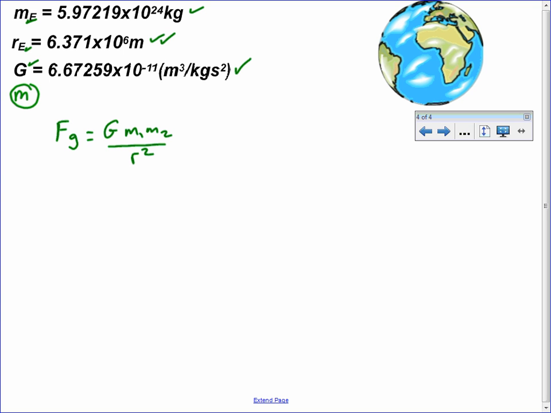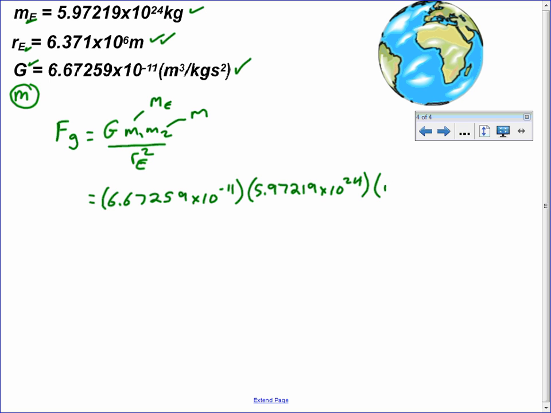And if we want to revise this or change the values, this is me. This will just be m, and this will be re. So plug the numbers in, you get 6.67259 times 10 to the negative 11. Then you get Earth's mass, which is 5.97219 times 10 to the 24.